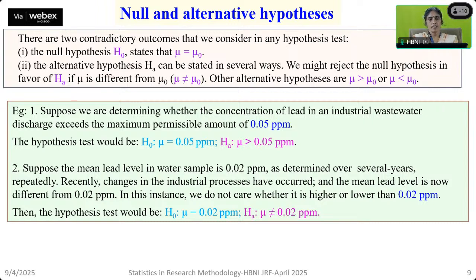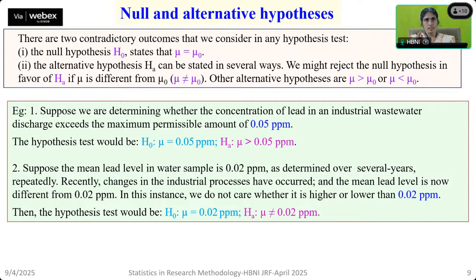If we are determining the concentration of lead in an industrial effluent water stream, and there is a specification limit of 0.05 ppm. If the maximum limit is exceeded, then you have to take precautions to reduce the lead content in that effluent. Here the hypothesis would be: in random measurements of the effluent water quality, if the mu value, the measured average value, is equal to 0.05 ppm, that means the null hypothesis is satisfied, mu is equal to mu 0.